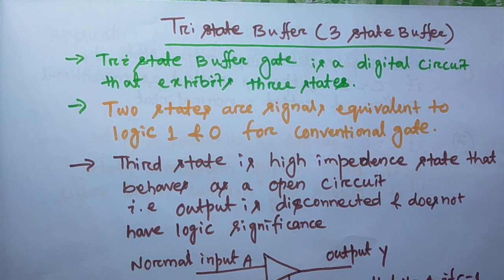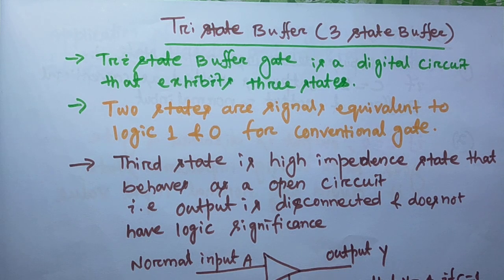Normally we provide some inputs to any circuit, and obviously we get one output. But the third state we consider is a high impedance state, which behaves as an open circuit. That means the logic gate or buffer gate we create, known as a tri-state buffer gate, has three states.